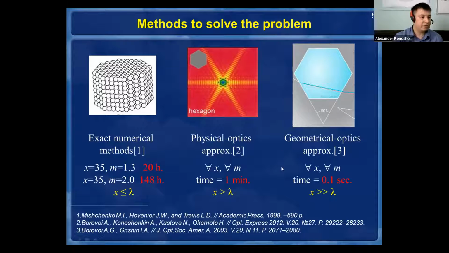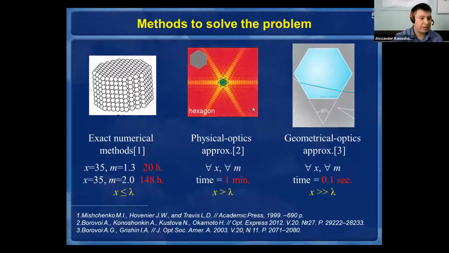Another interesting method is the geometrical optics approximation. It is also a very good method for light scattering on huge crystals like ice crystals, but unfortunately it cannot be applied to lidar applications, because in the backscattering, which is crucial for lidar, there is the coherent backscattering phenomenon, and geometrical optics doesn't take into account diffraction and interference phenomena, so it cannot resolve this coherent backscattering enhancement.